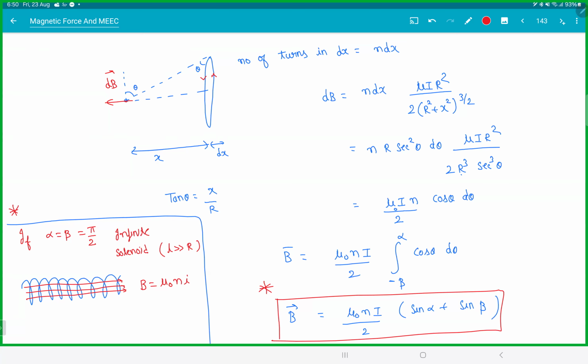This would be our main device there. Is the derivation clear, everyone? Any doubts on this? Clear?